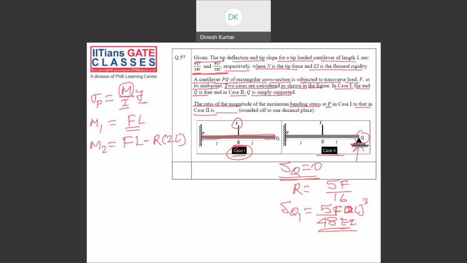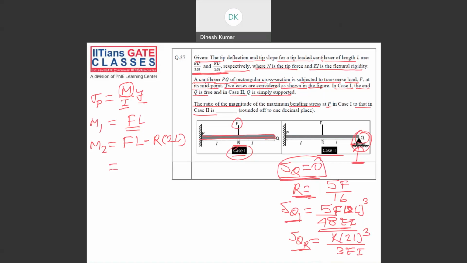Now guys, when it is a propped cantilever, the deflection due to this reaction, delta Q due to R, will be nothing but R into 2L cube upon 3EI. Okay, so when you equate this to this, as delta Q is 0, we will get the reaction.